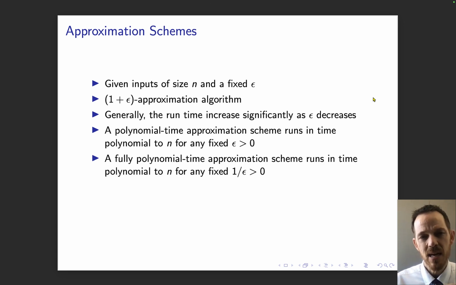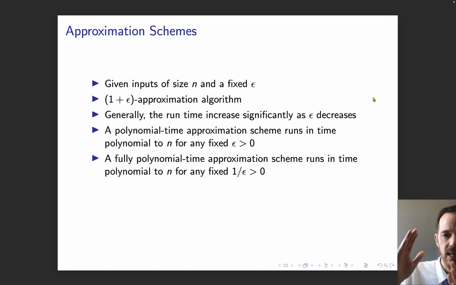There is a subset of approximation algorithms which we call approximation schemes. If we have inputs of size n and a fixed epsilon, then a scheme is a 1 plus epsilon approximation algorithm. Generally, as our epsilon gets very small, that dramatically increases the runtime.